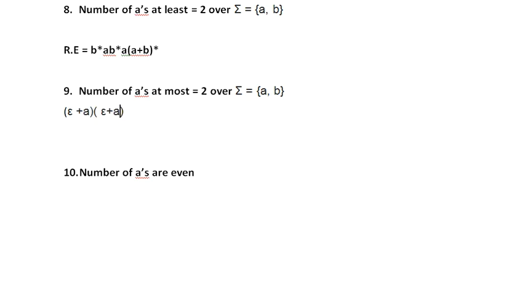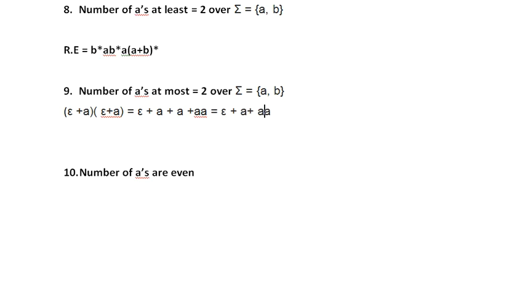Okay, so if I break this down, what will be the answer? It will be epsilon plus a plus a plus aa, correct? What does a plus a mean? We'll be looking into identities as well, but you already know a plus a, we can take any one of the a's, a single a, plus aa.